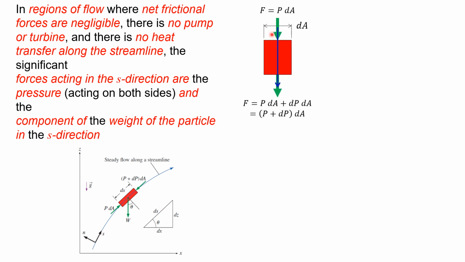If we change it into a two-dimensional picture, it will be like this. There are two forces. This is the dA, the area that is entering. F equals P dA.